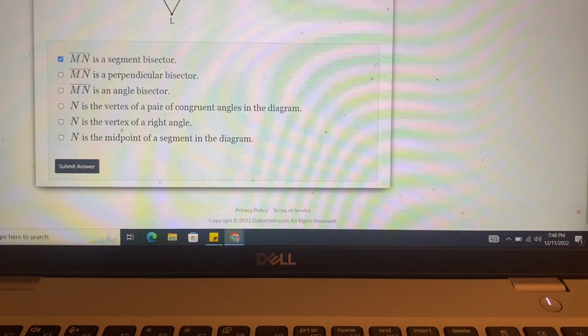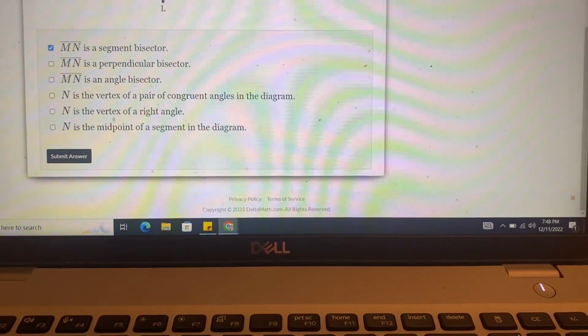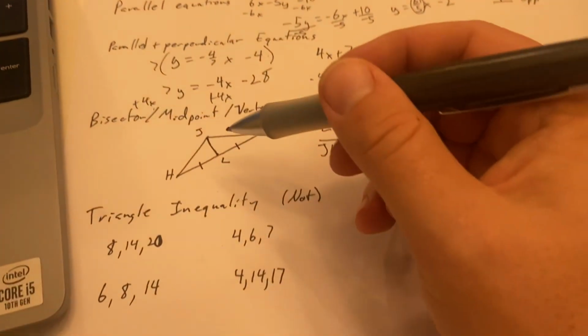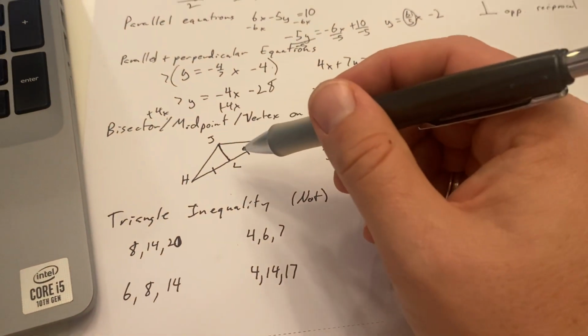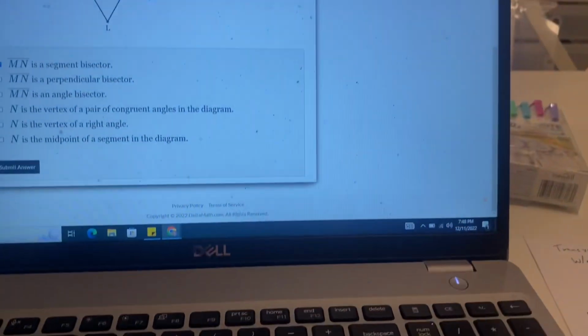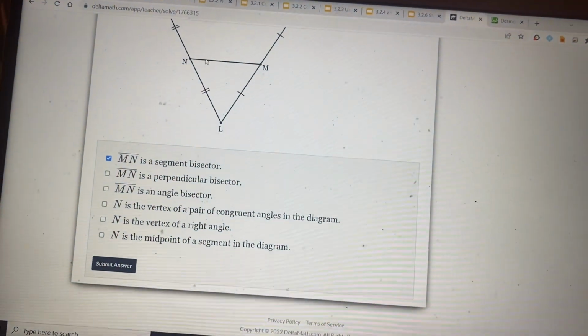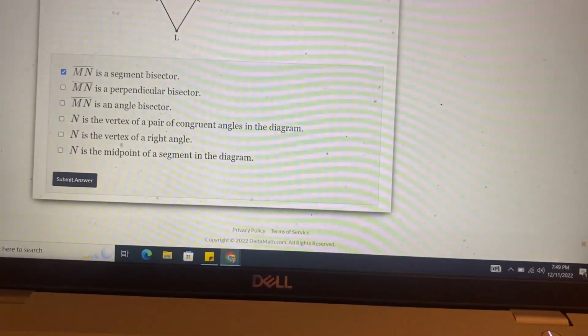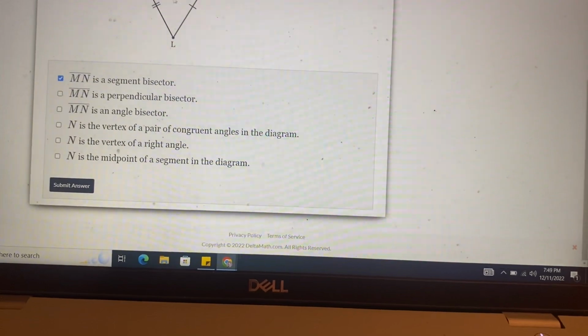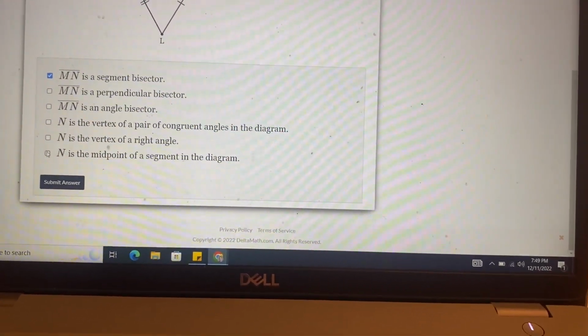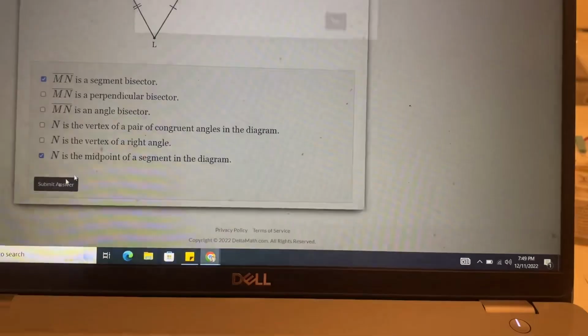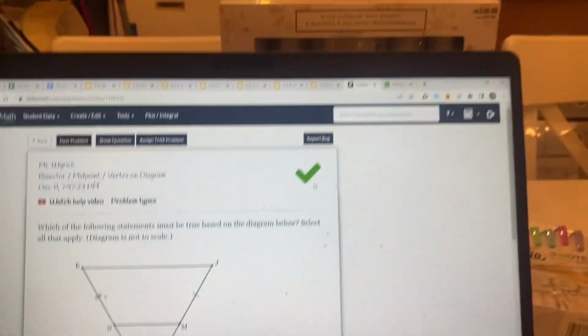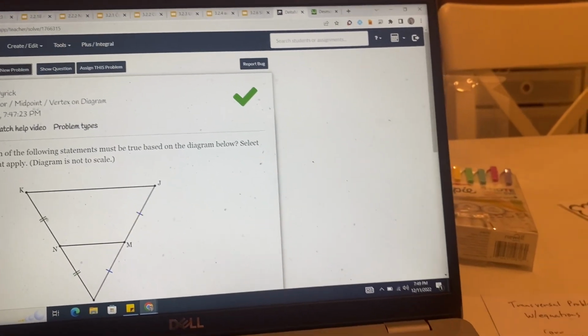No, this angle is not the same as this angle, so it doesn't work that way. Even on my drawing with point L here, I can't say that for sure. They're not marked. N is the vertex of a right angle? That's not marked as a right angle. N is the midpoint of a segment in the diagram? Yes, it is. This part and this part are congruent, so N is definitely a midpoint. So that would be something that I could say pretty definitively about what's going on with this.